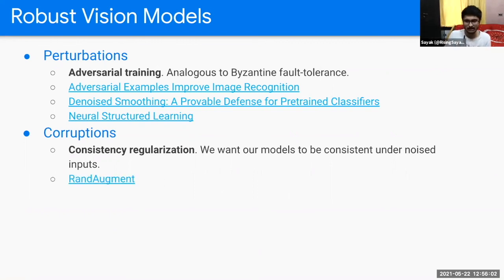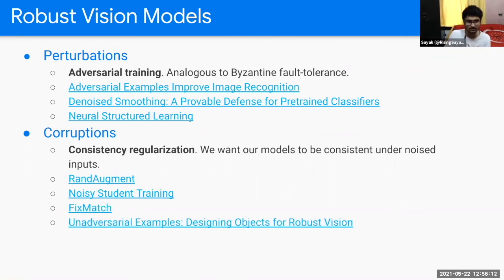RandAugment can be very useful to impose these regularization constraints. Noisy student training is another training method that can be highly helpful. FixMatch and also unadversarial examples. This is comparatively new from Microsoft Research. It came out around 2021, so it's another very unconventional technique.